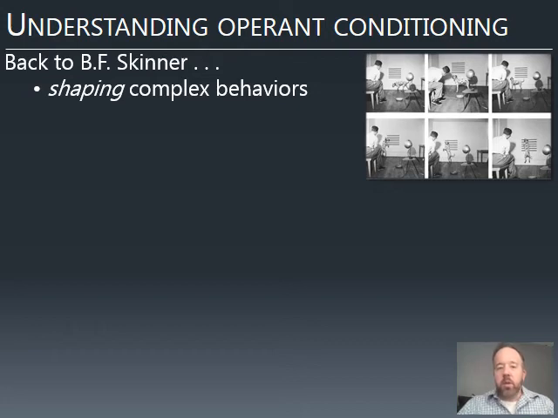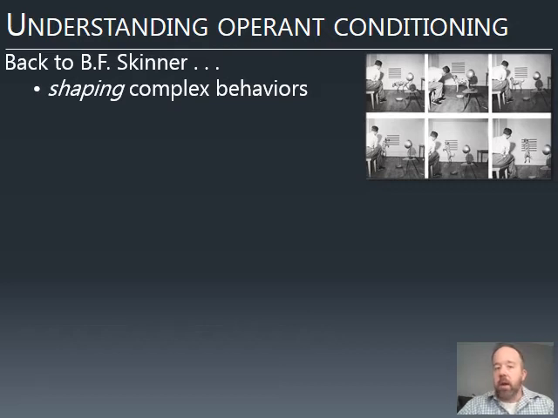So as each simpler step of the behavior was learned, the reinforcement was applied only to those more complex steps. Your book also gives an example of getting a pigeon to bowl a little ball into a set of miniature pins. Of course, that's not something the pigeon would ever do at first on its own, but at first Skinner just reinforced, rewarded the pigeon for facing the ball.